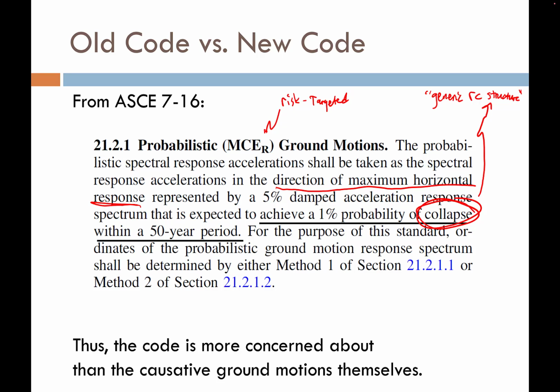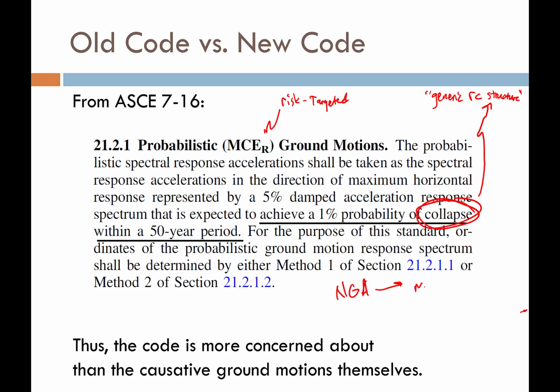So the code is now telling us specifically, hey, you need to use the maximum horizontal response. And so to do that, we generally have to apply a fudge factor to whatever median response we're computing from our NGA equations. That's right. NGA attenuation relationships do not give us the max.